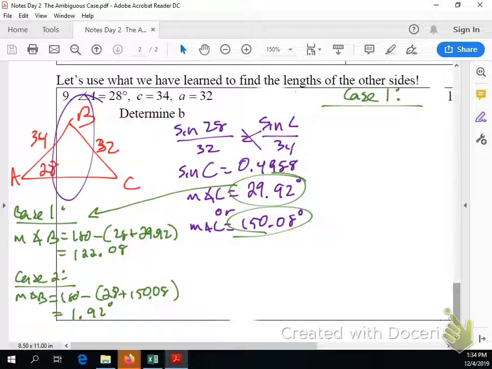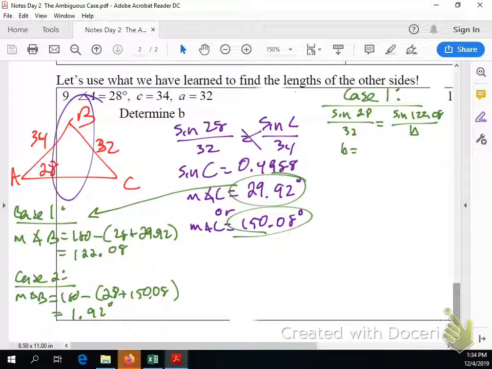So for the first case, we're going to use angle A. So we're going to do sine of 28 over 32 would be equal to, now we've got to use all the B stuff. Angle B in case 1 is 122.08, so we're going to take the sine of that over little b. And then we cross multiply and just get b by itself.